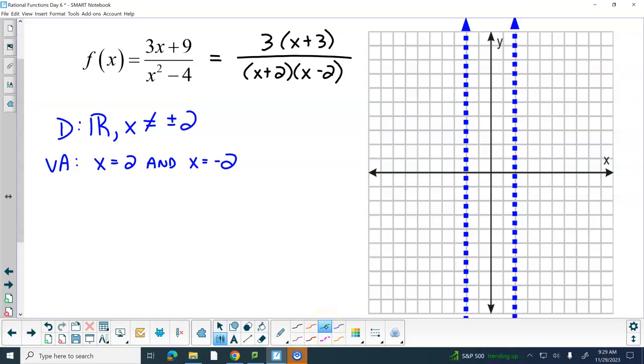Horizontal asymptote. Because the degree of the top is 1, degree of the bottom is 2, so it's still a small over big. Okay.